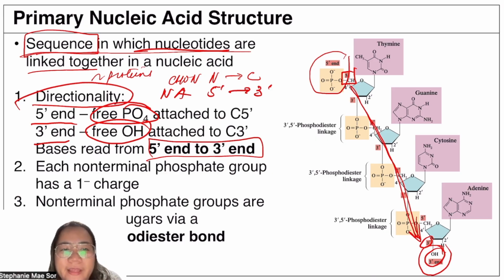Next, tandaan that each non-terminal phosphate group has a 1- charge. Dahil itong phosphate groups na to, actually come from phosphoric acid. Kaya siya naging nucleic acid is because of the acidic behavior.